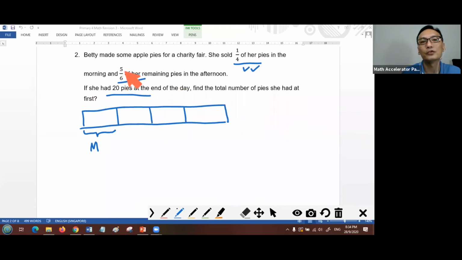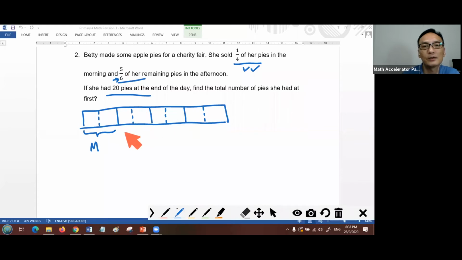Next, she also sold 5/6 of the remaining pies in the afternoon. But we only have 3 units. How do we achieve 6? Can somebody help me recall? Right, we cut it or we split it. Right, thank you, Douglas. So we're going to split it, cut it into half. So after we split it, we have 6, do we? 1, 2, 3, 4, 5, 6.